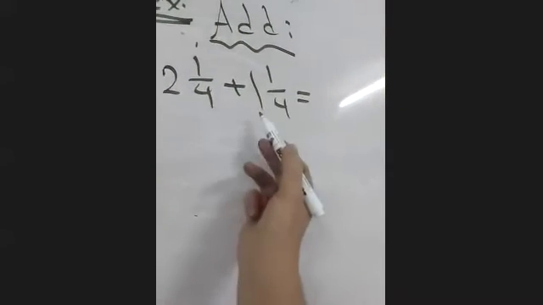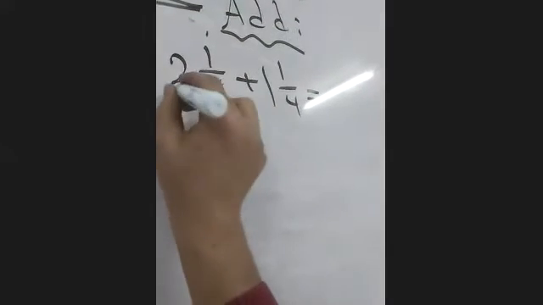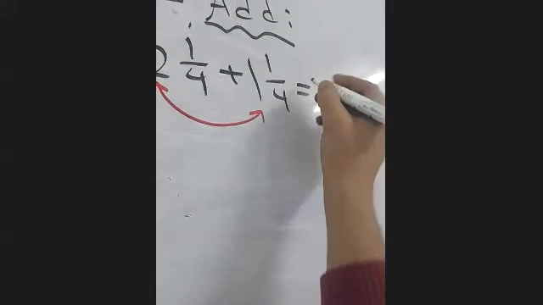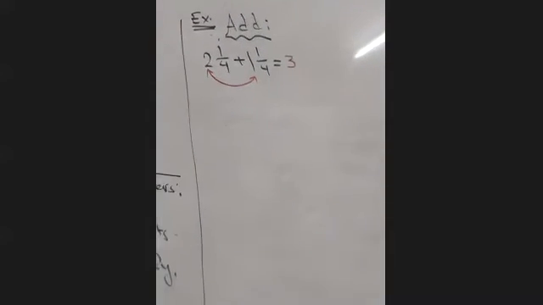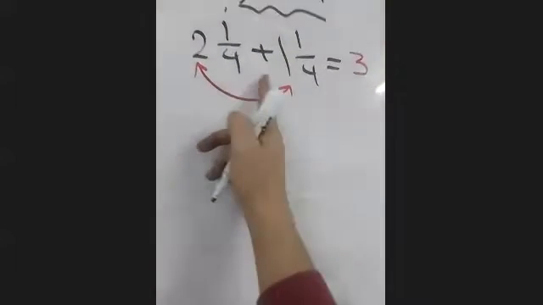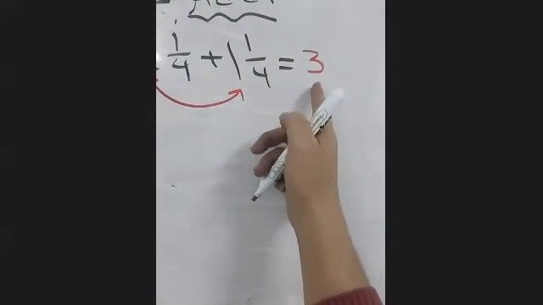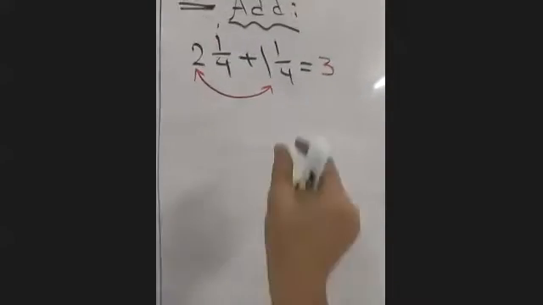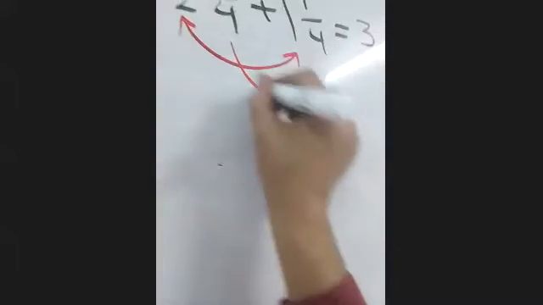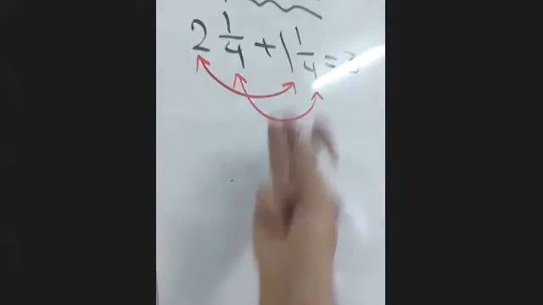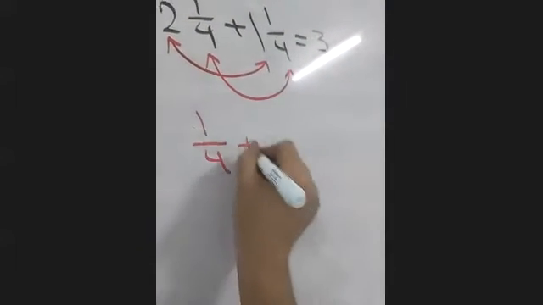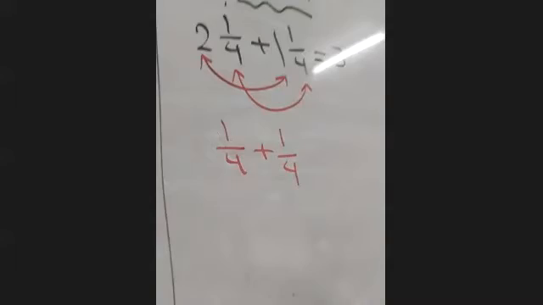The 2 and the 1. We add them together. So 2 plus 1 is 3. Don't forget that. The second part, I will take the two fractions down here and add them. 1 over 4 plus 1 over 4.